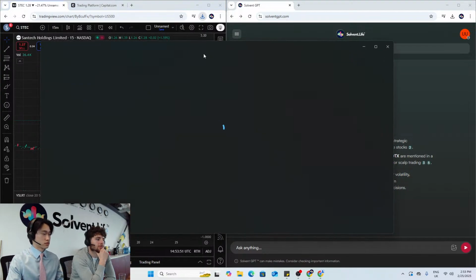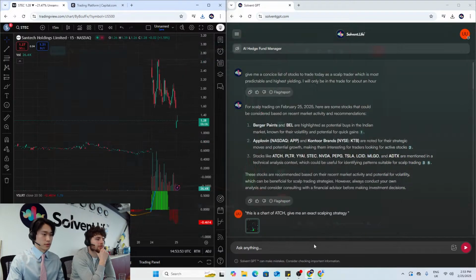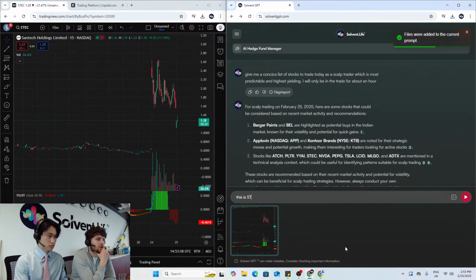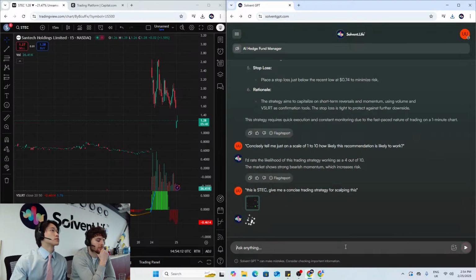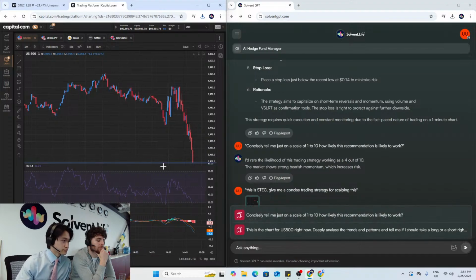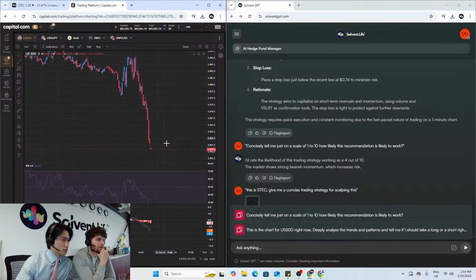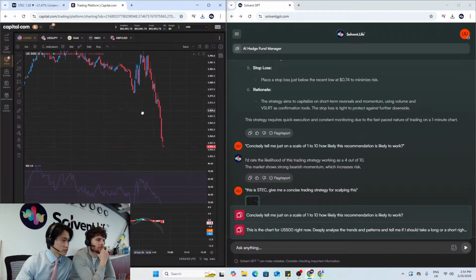Okay. That looks a bit more promising. Imagine holding a stock at 60 cents and you wake up the next morning and it's $2.70. Meanwhile, US 500 is way down.